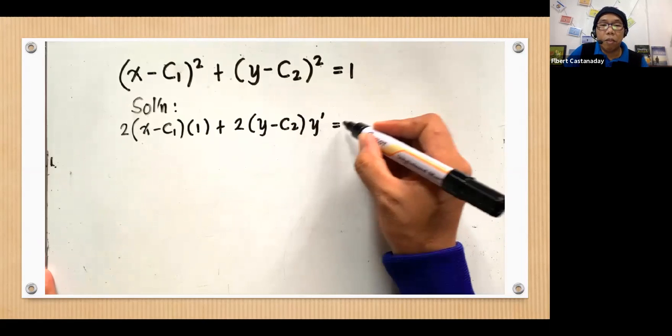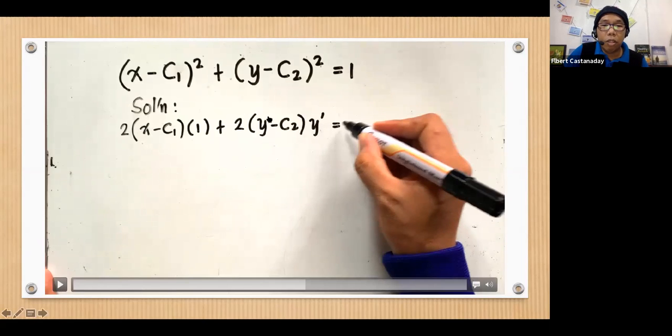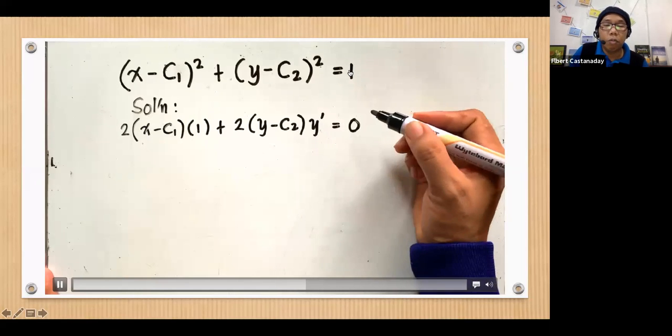Ito yung sinasabi ko na, di ba yung sa chain rule, differentiate mo to. So this is 2 times y minus c sub 2. Differentiate this part of the term. Derivative ni y minus c sub 2, so this is y prime minus 0. So kaya nag-multiply ka ng y prime dito. Dito naman, yung derivative nitong x minus c sub 1 is just 1 because of the independent variable na x. Okay, and then derivative of 1 here sa right-hand side mo is 0.